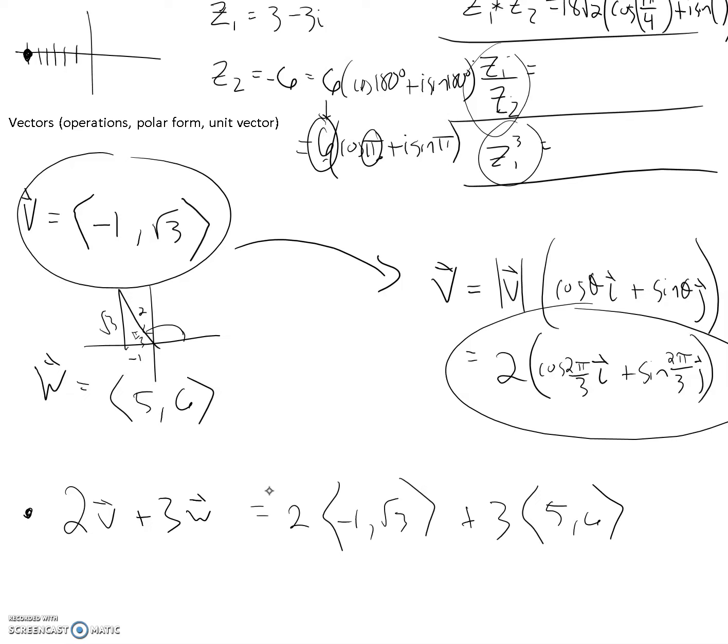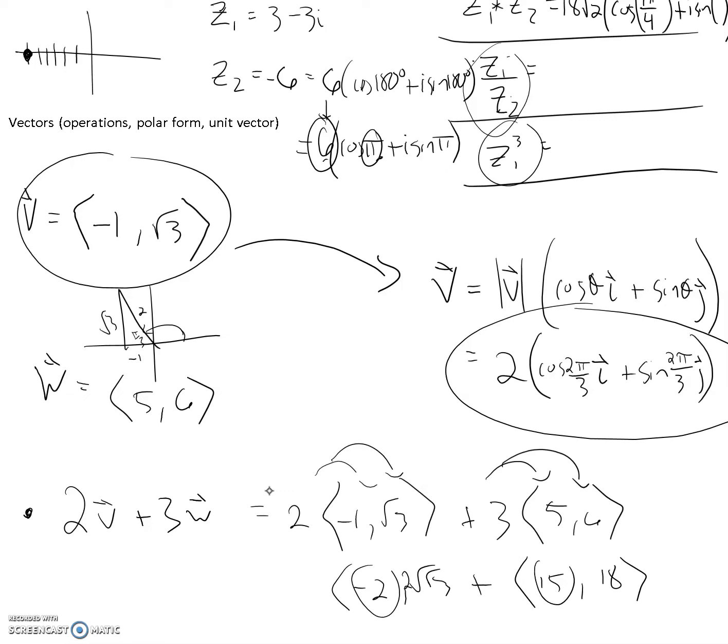Right, that's just everything there staying in xy form. So we just distribute that and go from there. So it'd be negative 2 root 3 plus 15, 18. And then we can add these together. Negative 2 and 15 is 13. And then I can't really do much with this when I add them. 18 plus 2 root 3 would be how I write that.